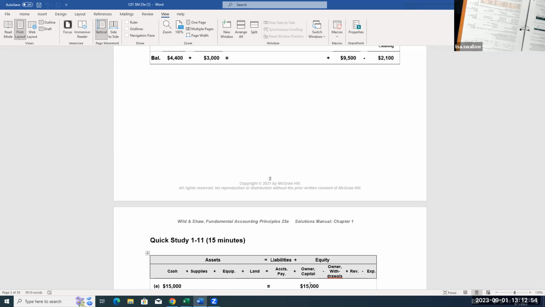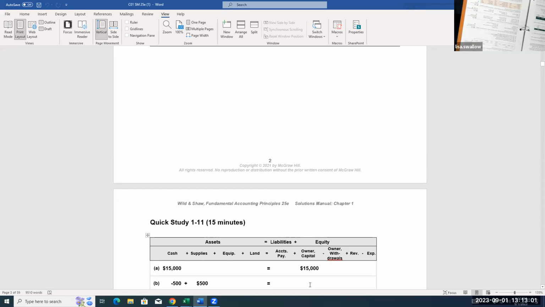This is one of those where you've just traded one asset for another. My asset of cash went down by $500. I'm down here on the bottom. And my asset of supplies went up by $500. Is my equation still in balance? Sure. Okay.